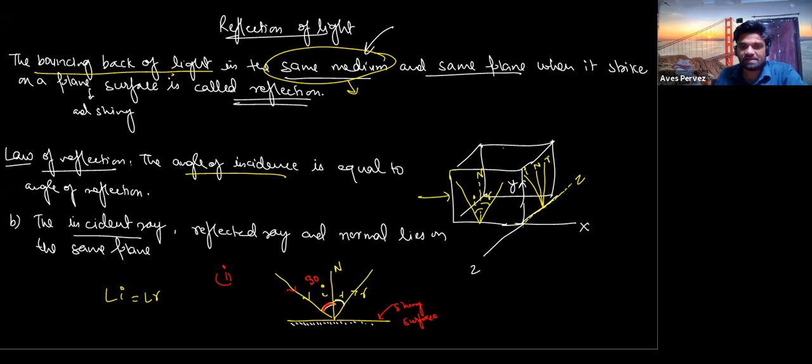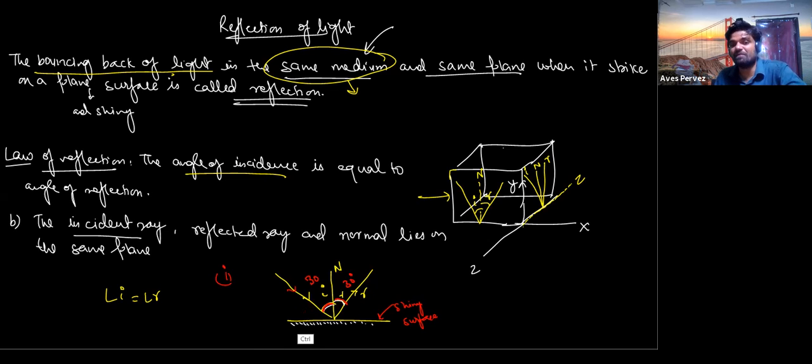The light will strike this surface and move at such an angle that with the normal it will make 30 degree. So the angle of incidence is always measured with the normal, not with the plane. This angle will be 60 degree.